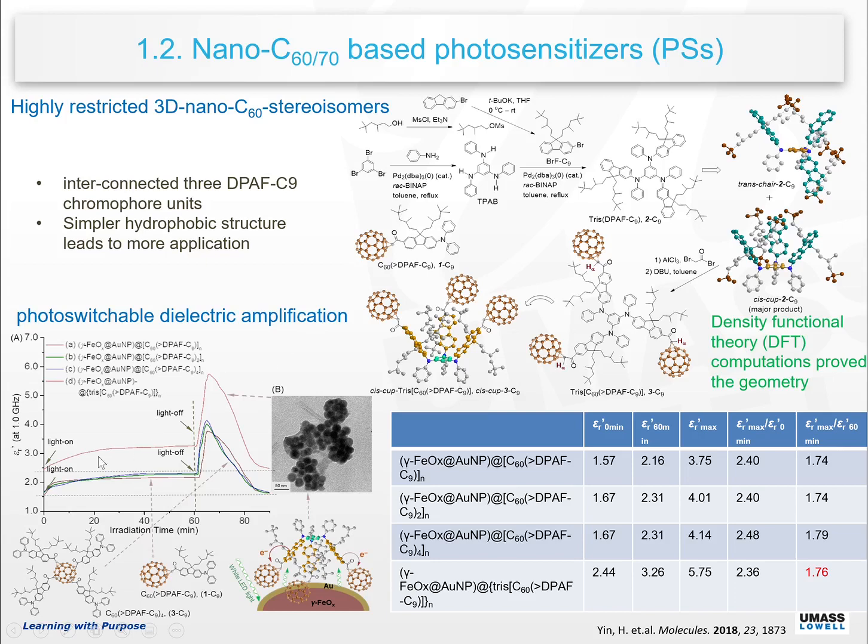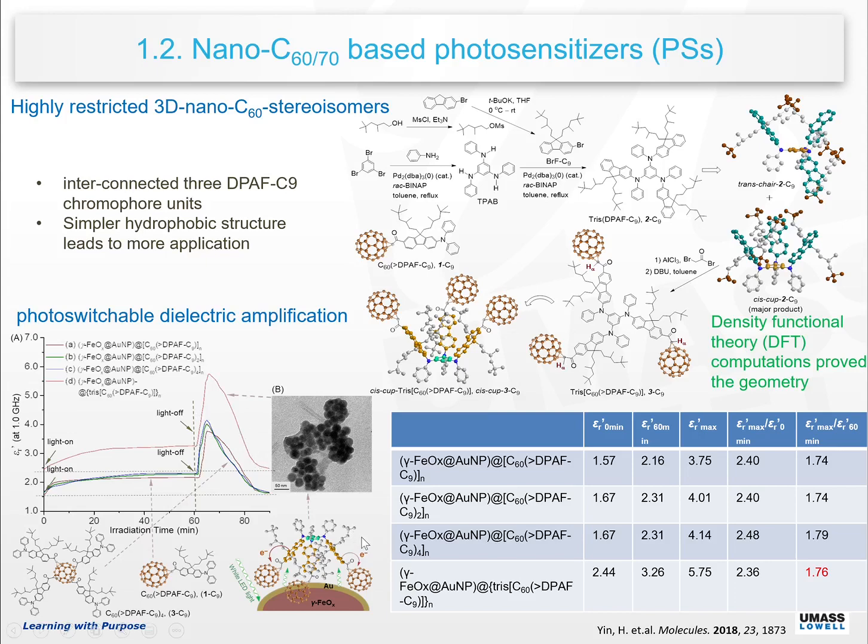And as you can see from the result here, we shone the light on the system for about 1 hour, and once we turned off the light, the intramolecular polarization led to the dielectric increase. We compared the tris-based structure with mono C60 DPAF and also this structure, and we found that the tris C60 DPAF-based structure did have the highest dielectric amplification.